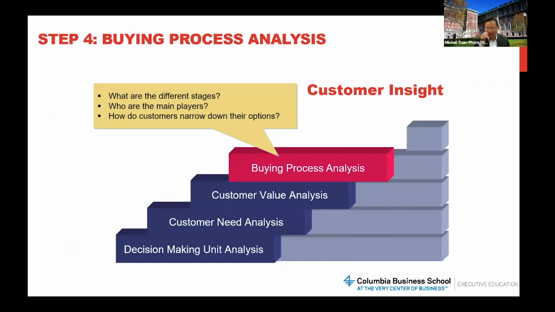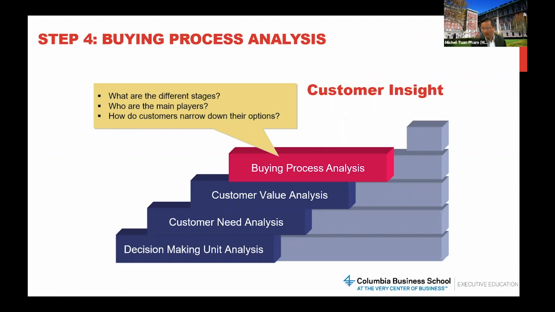Now, once you have a sense of the evaluation process, a classic mistake that I see a lot of marketers do is that they think that they understand everything that they need to know about the overall buying process. Of course, I know that whichever ones the customers value more will be chosen, and then therefore I feel like I can stop here in terms of my understanding of the customers.